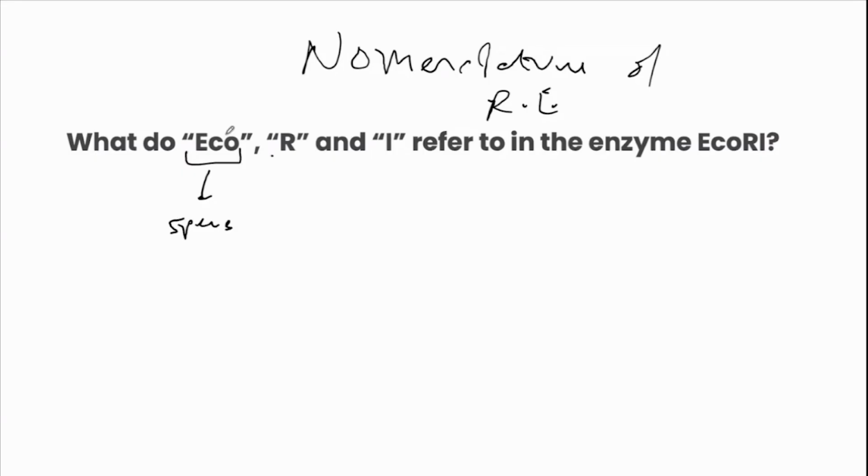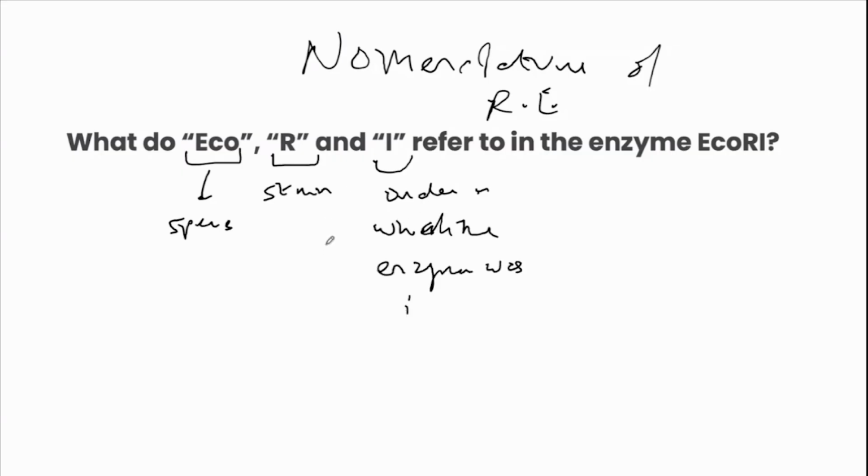R refers to the strain, and I means the order in which the enzyme was isolated or identified. So in this strain, in this bacteria, this was the first enzyme. EcoRI was the first enzyme to be identified. E is the genus and coli is the species. So this is what it is.